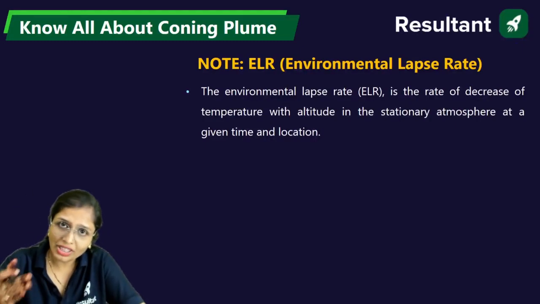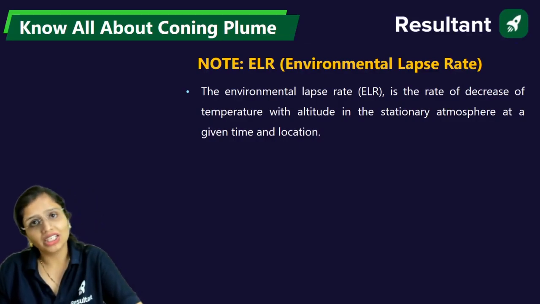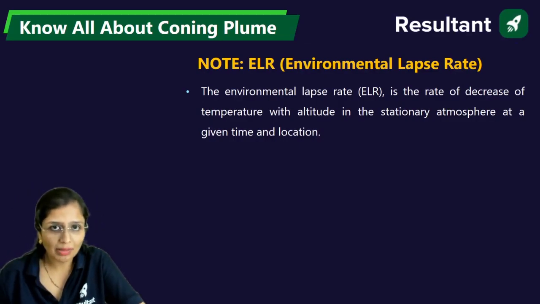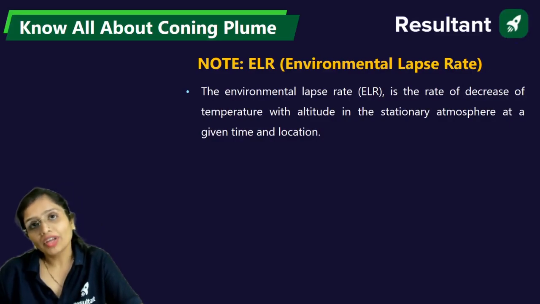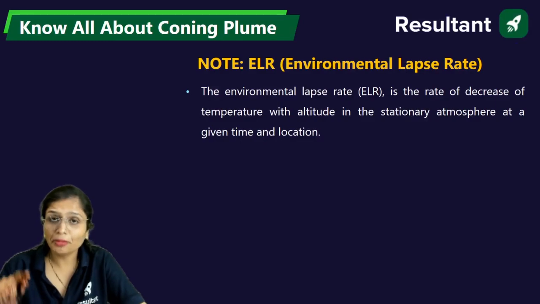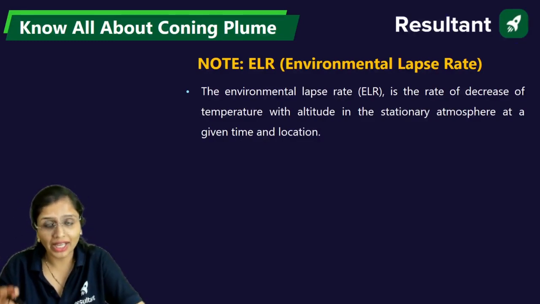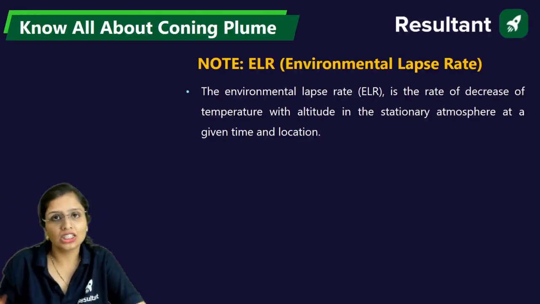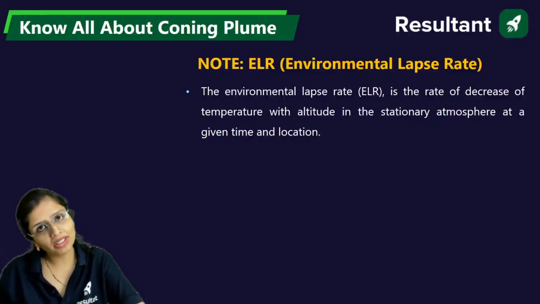So the rate of decrease of temperature with increase in altitude is known as lapse rate. Correct. Now, when you talk about environmental lapse rate, the rate at which the temperature of the surrounding air decreases with increase in altitude is known as environmental lapse rate.